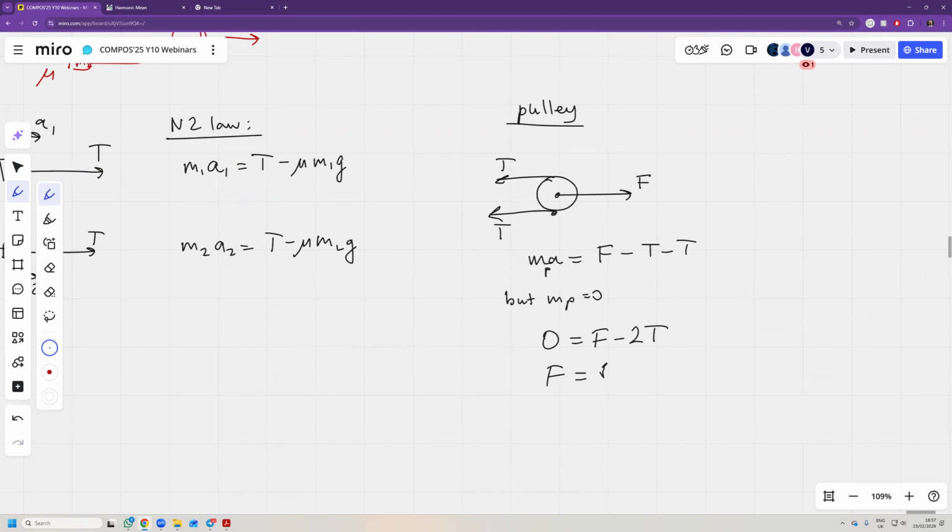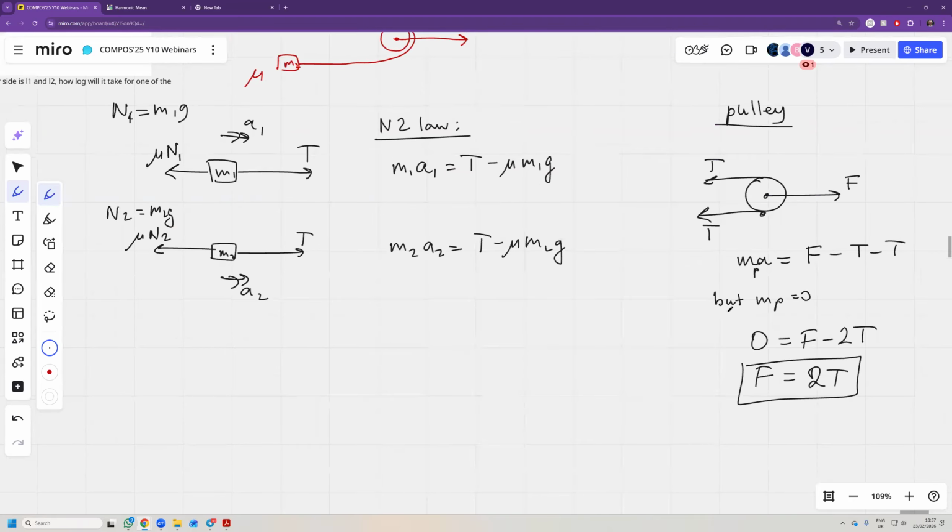So F must equal 2T. That's another important result.